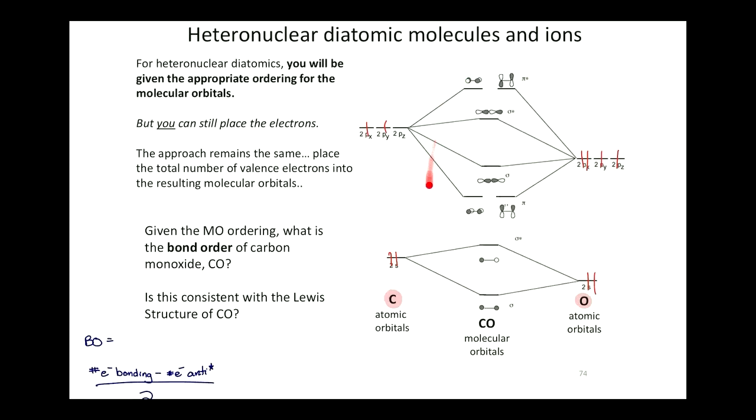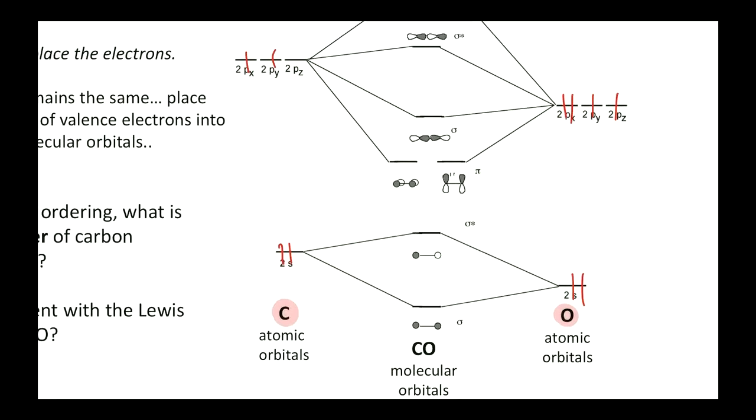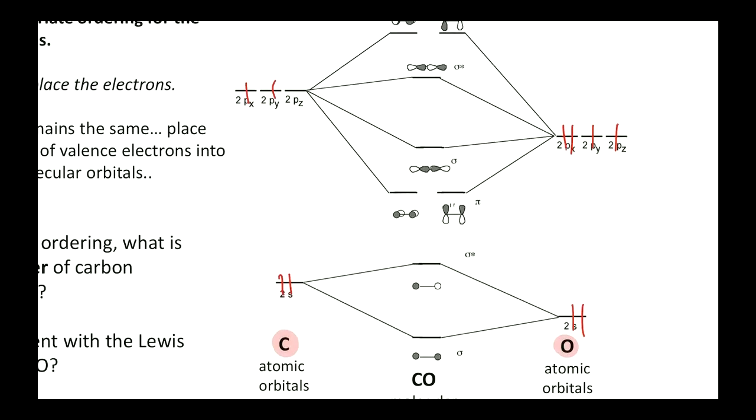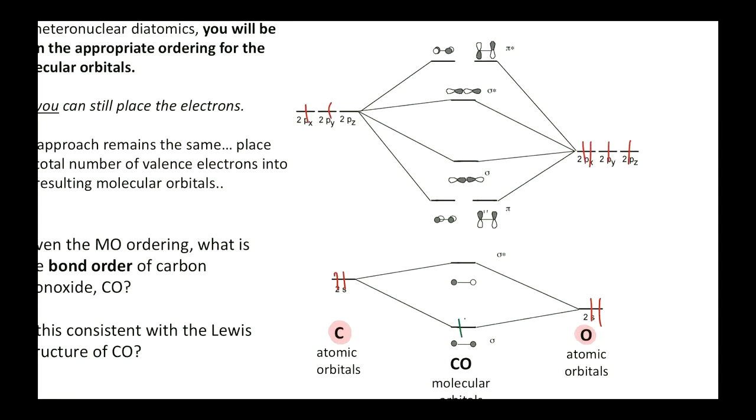We need to place those 10 electrons in our MO diagram, starting at the bottom and making sure to follow Hund's rule where necessary. The first electrons go into the sigma interaction. I have the orbitals labeled for you here. 1, 2, 3, 4, 5, 6, 7, 8, 9, 10. Beautiful.